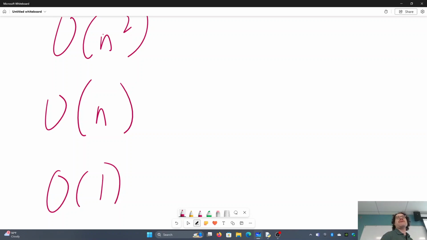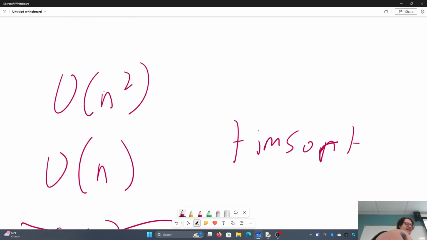Look up what the runtime for a sorting algorithm is. You're using Timsort, by the way, if you're sorting it. Java uses two different sorting algorithms by default. Timsort is the one that is used for objects, which is a variation of merge sort and insertion sort. You probably didn't run this runtime, so honestly, you've got a 50% chance if you're just totally guessing.